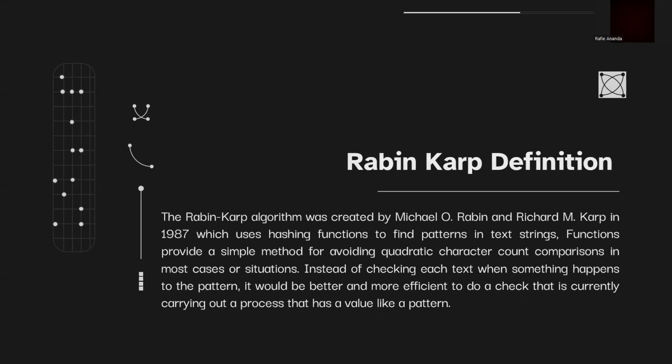Instead of checking every text position for patterns, it is better and more efficient to perform the check on the current batch. Yes, it is a small overview of the process of using Rabin Karp. Okay, the next slide.